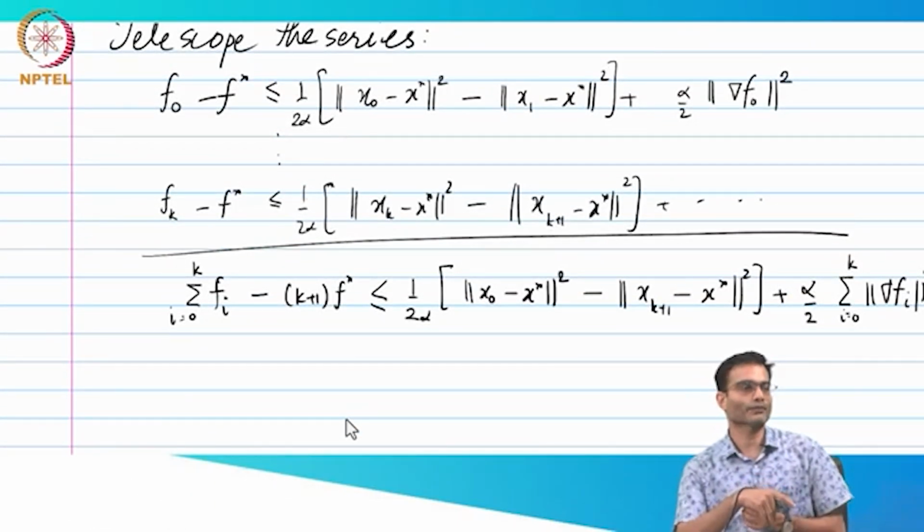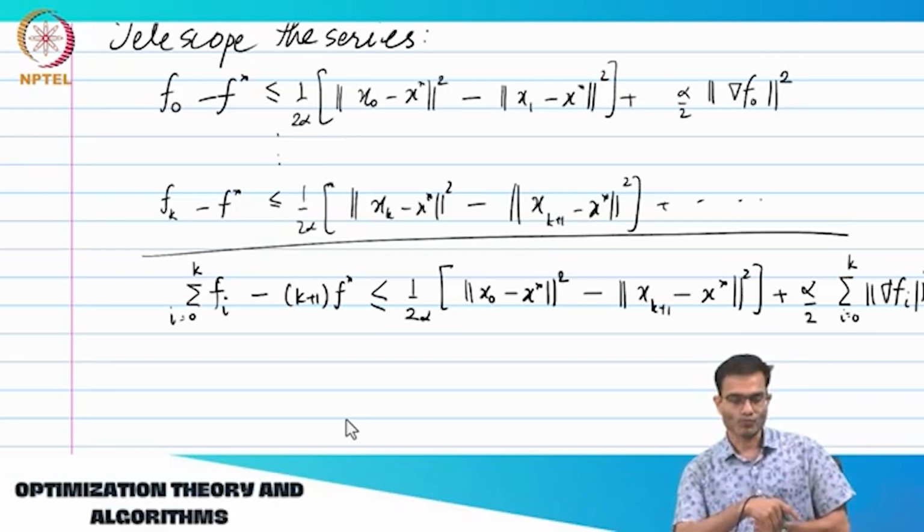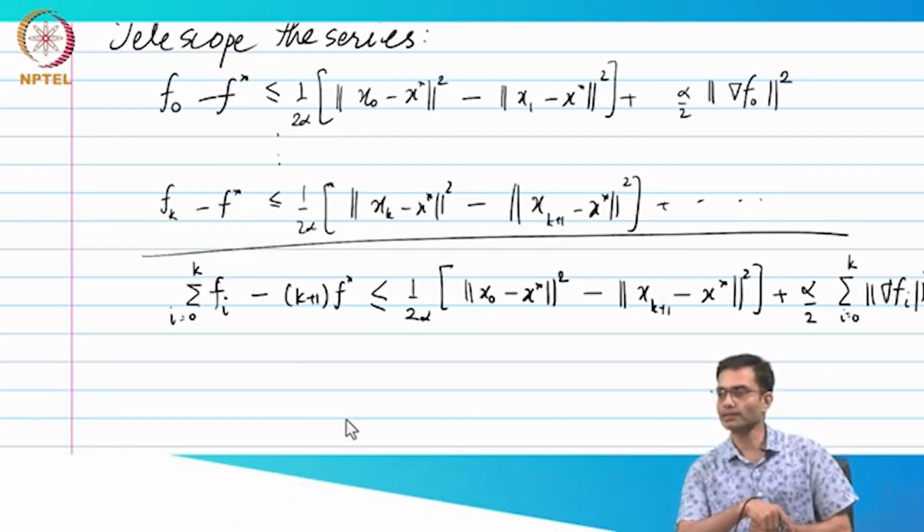Now this is the part where you have to get a little creative. So if I have any negative terms on the right hand side, if I knock them off, will the inequality change? No, right?